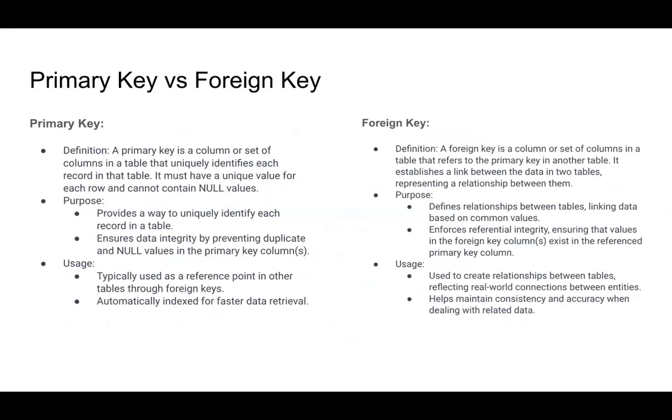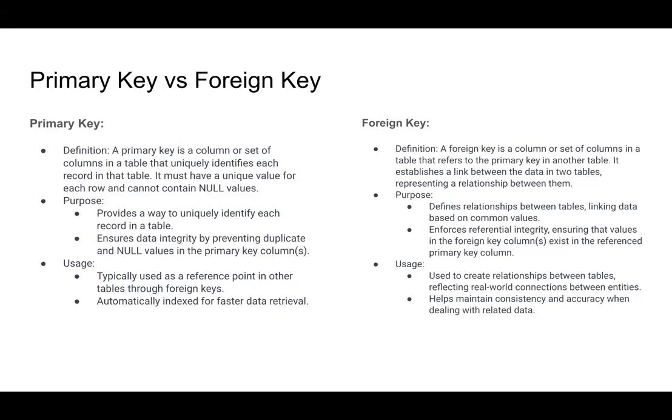Moving forward, primary key versus foreign key. The definition of a primary key: it is a column or set of columns in a table that uniquely identifies each record in that table. It must have a unique value for each row and cannot contain null values, essentially IDs, right?